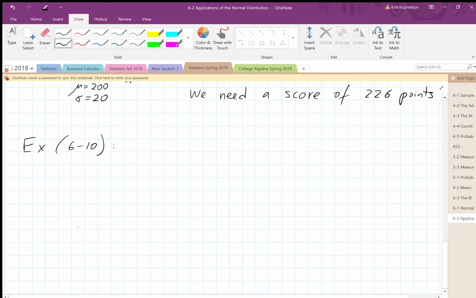So they gave me a go-ahead to use a normal distribution, so I'll draw my little curve. They also told me that the mean is 120 and the standard deviation is 8. What we need is a middle 60%.